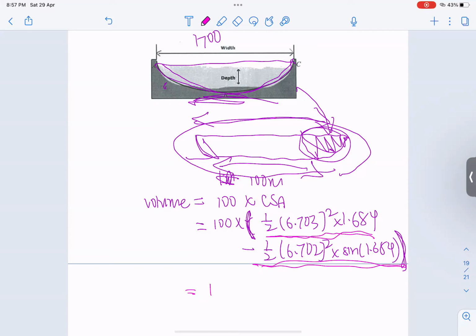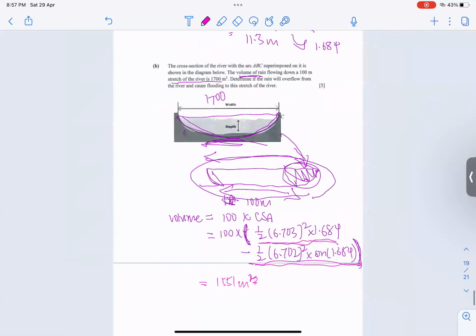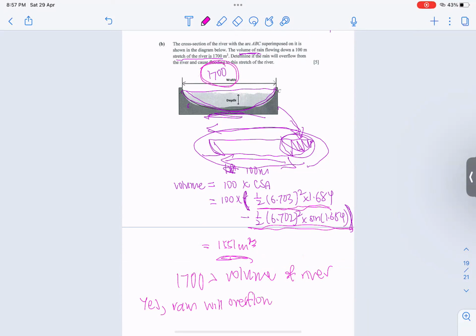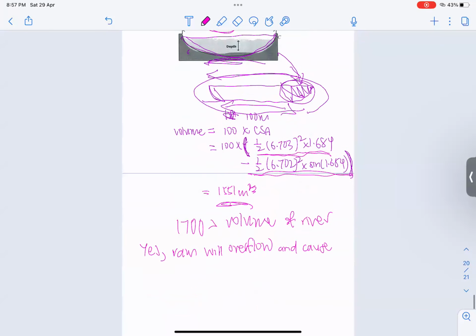After you calculate, you actually get 1,551 meters cubed. This is your volume. So does the river overflow? Yes, it does, because the volume of rain is more than the volume of the river. So yes, rain will overflow and cause flooding.